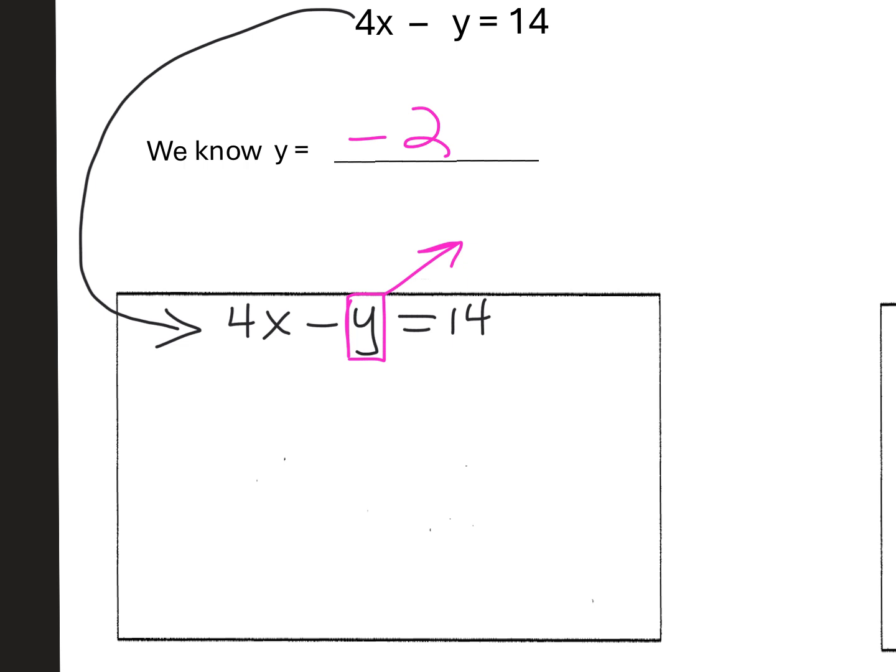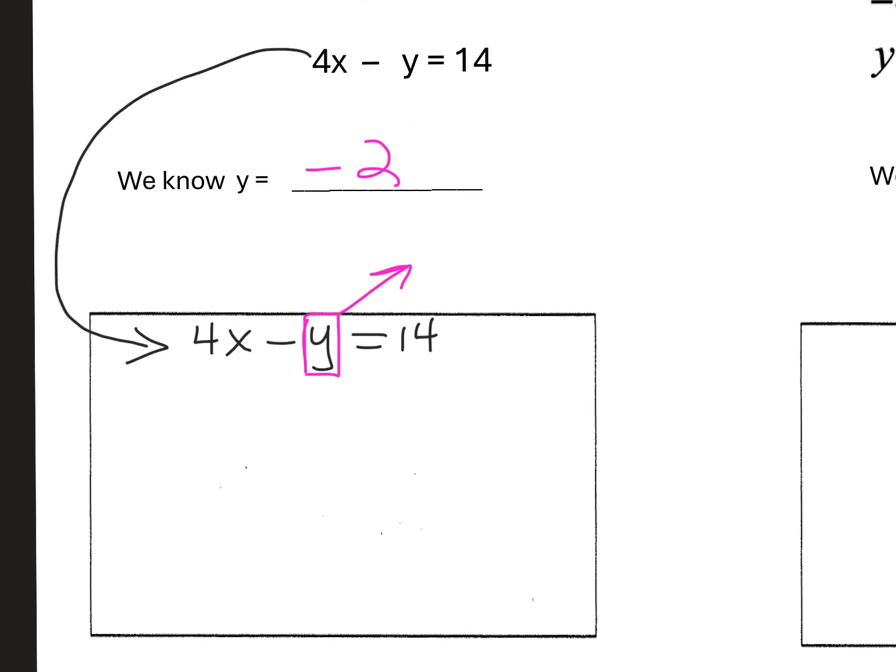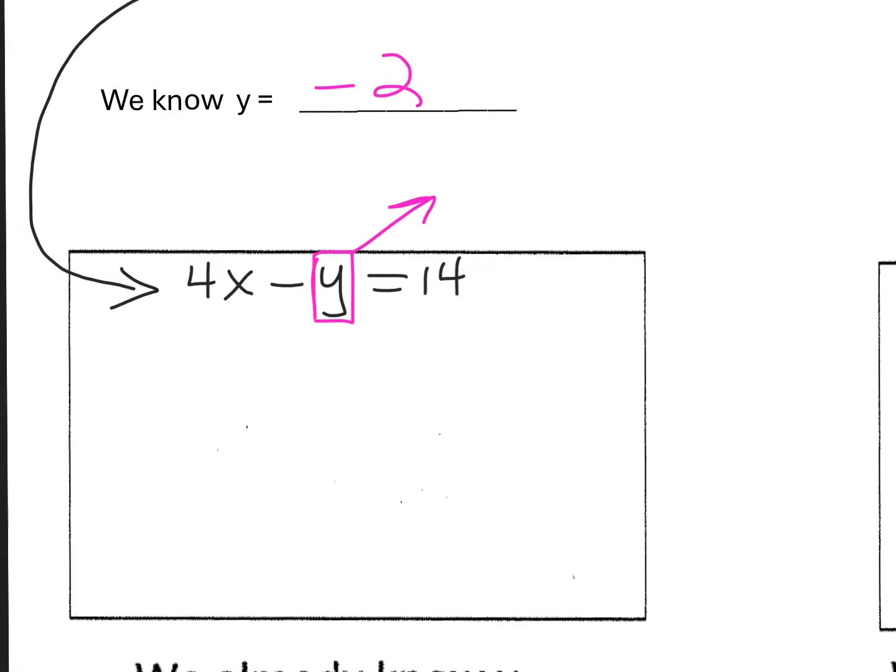What do you think I'm probably going to put in the place of the y? -2, exactly. That way, I have an equation with only one variable in it, so it's easier for me to solve, because the y is going to come out and I'm going to replace it with that -2.